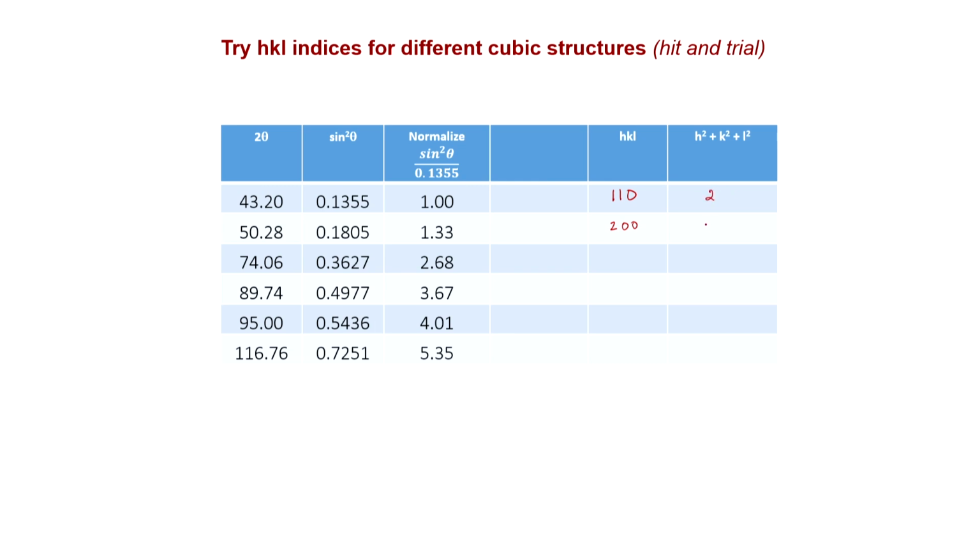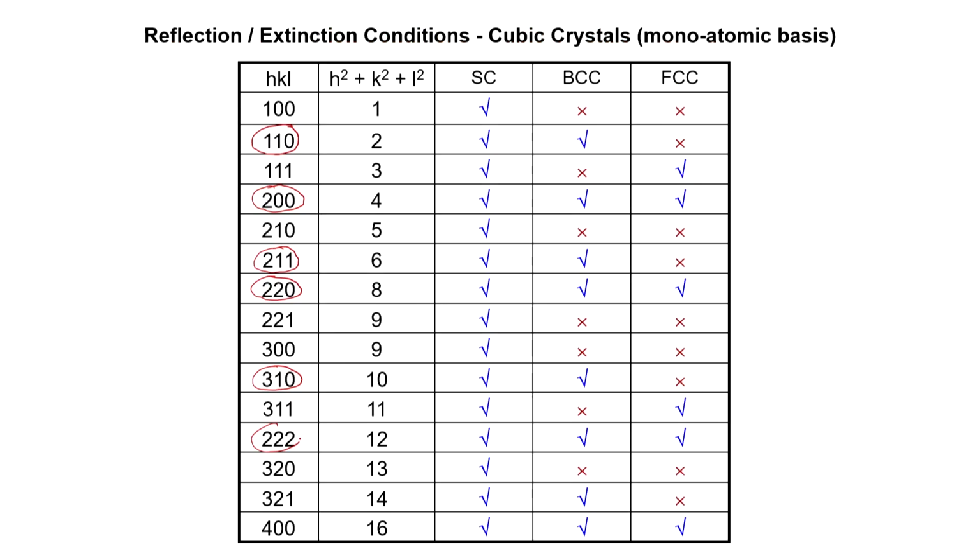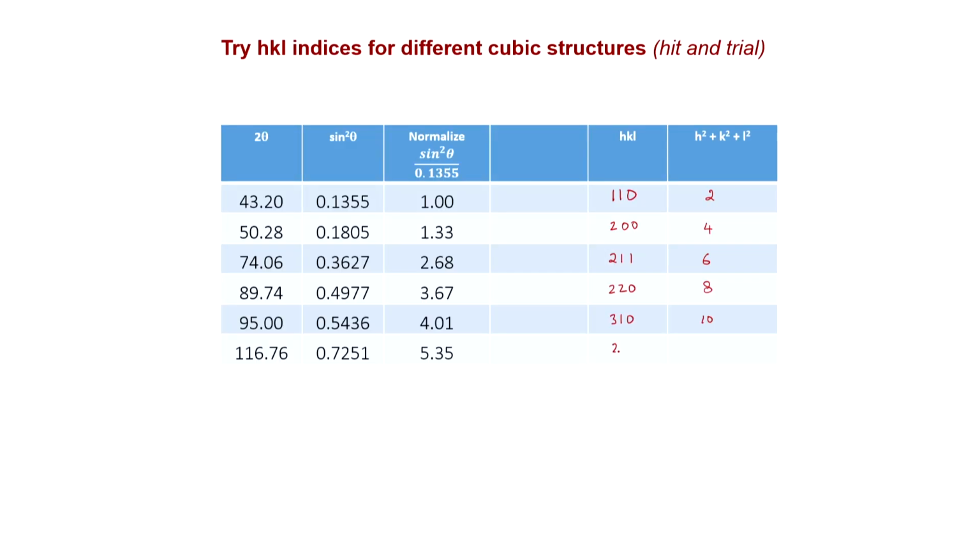So, this is 2, this is 4, then I have 211, this will be 6, 220, 8, and 310, this is 10, and let me go down to 222 as well, and here this would be 12. This is for body centered cubic.